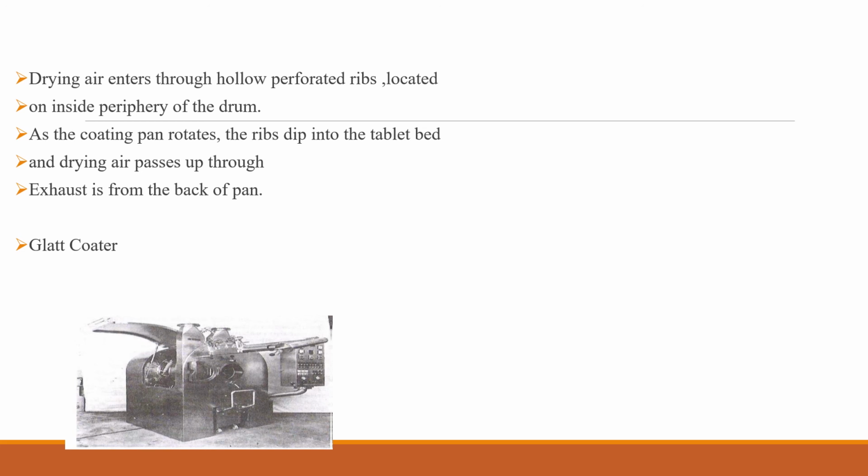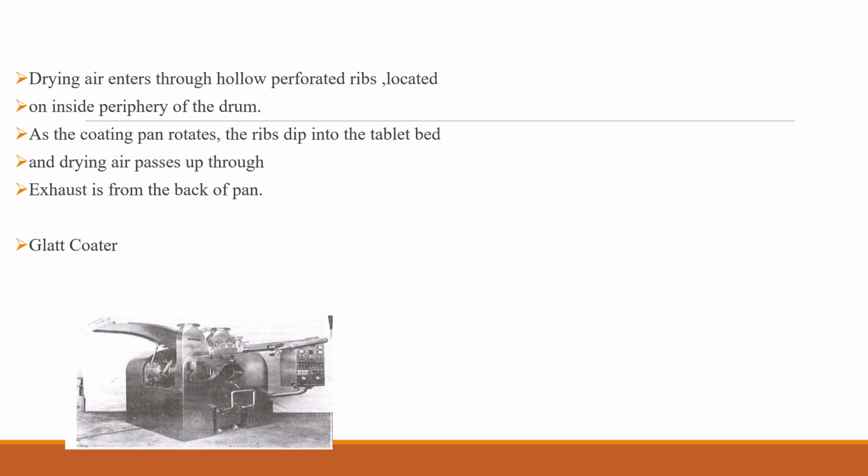Drying air enters through the hollow perforated ribs located on the periphery of the drum. As the coating pan rotates, the ribs dip into the tablet bed, and drying air passes up through, and exhaust is formed at the back of the pan. So exhaustion is possible through the back of the pan.